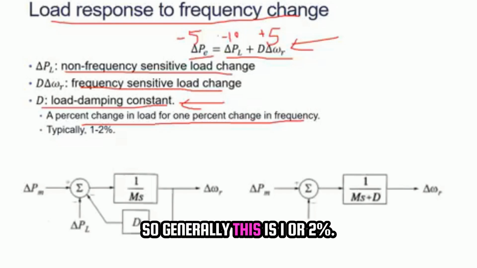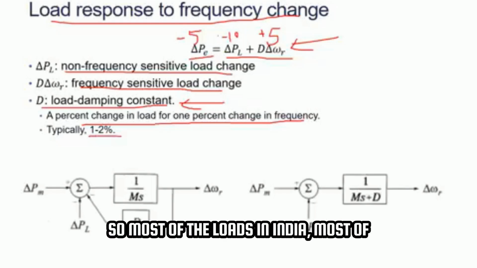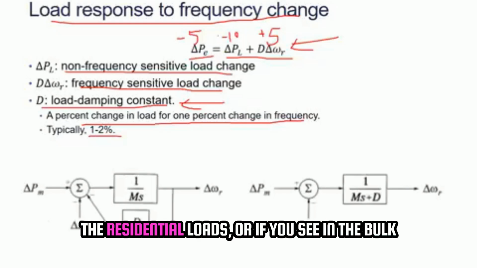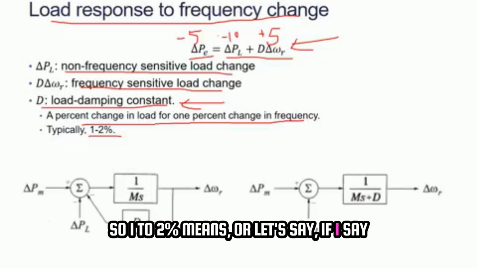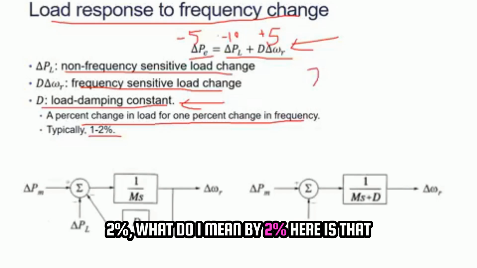So generally this is 1 or 2%. Most of the loads in India, most of the residential loads, or if you see the bulk load also, all the loads are mostly in the 1 to 2% range. So if I say 2%, what do I mean by 2% here?